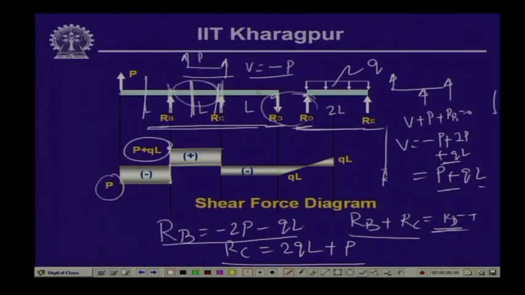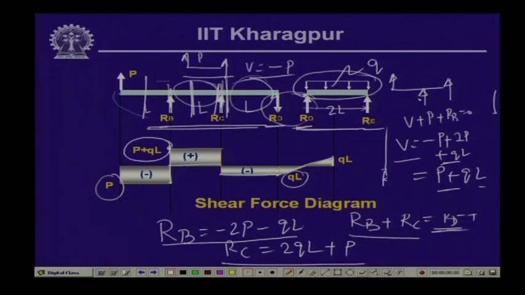Now, immediately after this particular reactive force, if we take the free body diagram of this particular part, we have V plus R B plus R C plus P equals 0, and from there if we compute the value of V, we find that it becomes again negative Q L. So, up to this again it is uniform, since we do not have any load in between, and from Q L here it varies Q per unit length over a length of twice L, and so minus Q L goes to plus Q L, and here it comes back over here. So, this is the variation of the shear force over the entire length of the beam.